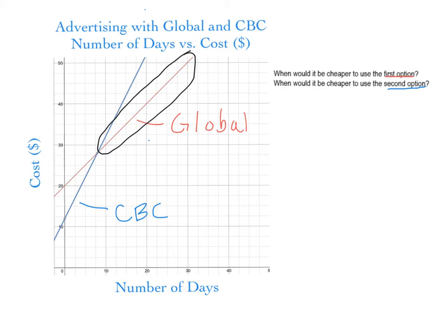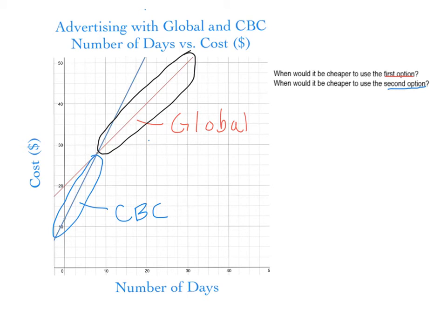So looking at the second part of the question, when would it be cheaper to use the second option? I can see again where the CBC line is lower than the global line on the graph. That represents all the times that it is cheaper to get advertisements on CBC.